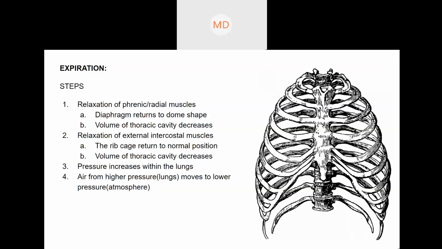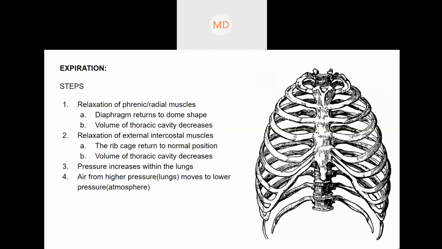Same way, when the volume decreases, pressure increases. So when pressure increases, we have to take the air out from here. Air will move from high pressure to low pressure again. High pressure is inside the thoracic cavity, low pressure is outside, so air moves from inside to outside. Therefore we exhale, that means we breathe out.